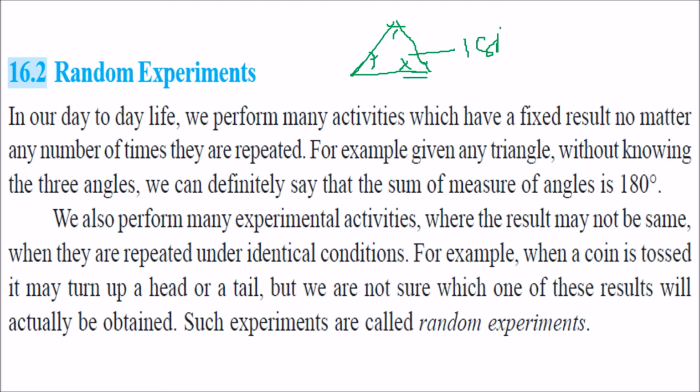If you toss a coin, anything can turn up. It can be head, it can be tail. You cannot predict whether it will be head or tail. So these kinds of experiments where you cannot know or predict the outcome in advance are known as random experiments.